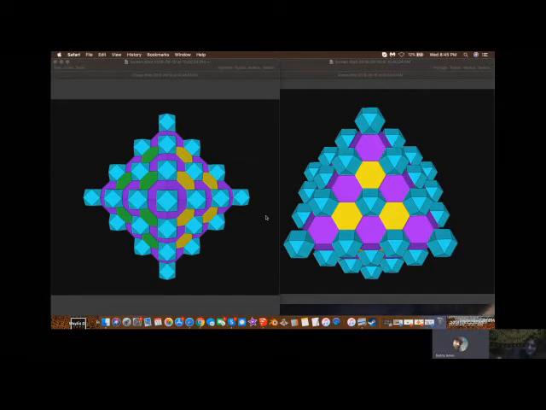This is my favorite honeycomb, any honeycomb I've seen so far. It's called the truncated tetraoctahedral.